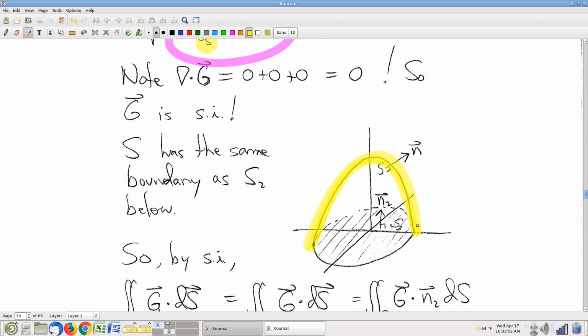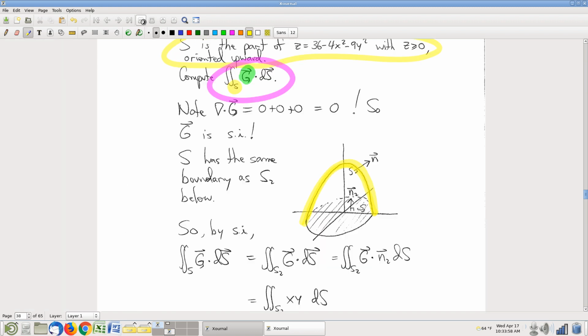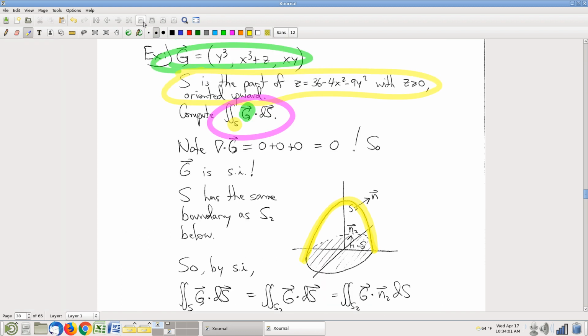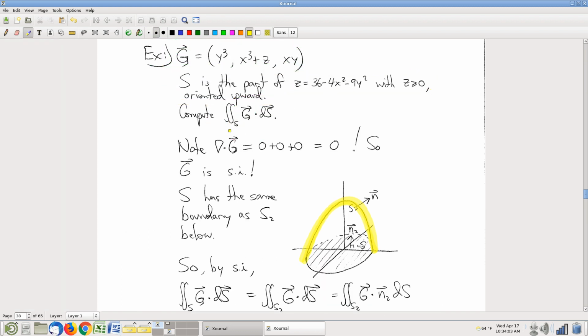Right? So now don't make the common mistake. A lot of students would like to say, isn't that surface the boundary of this? And no, it's not. It's part of the boundary of that, but it is not fully and completely the boundary of that blue solid there.